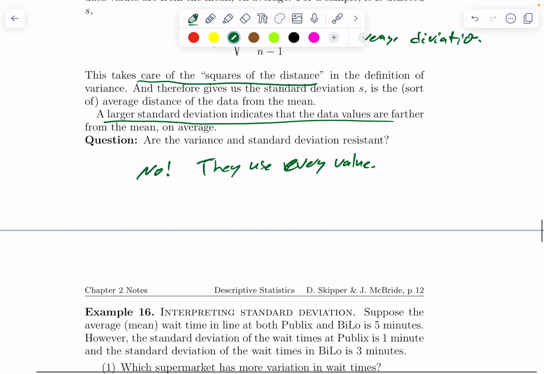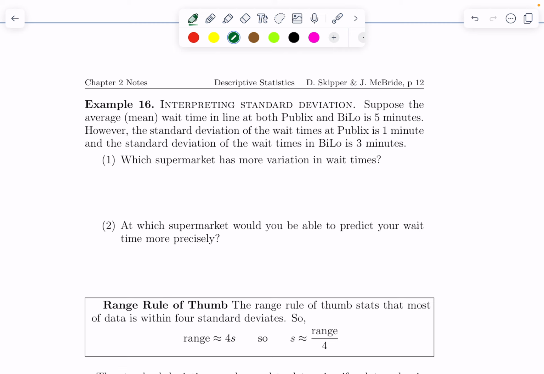Interpreting standard deviation. Let's look at this example. Suppose the mean wait time in line at a Publix and BI-LO is 5 minutes. So the mean is 5 minutes for each of those. However, the standard deviation of the waiting time at Publix is 1 minute, and the standard deviation of the waiting time in BI-LO is 3 minutes.